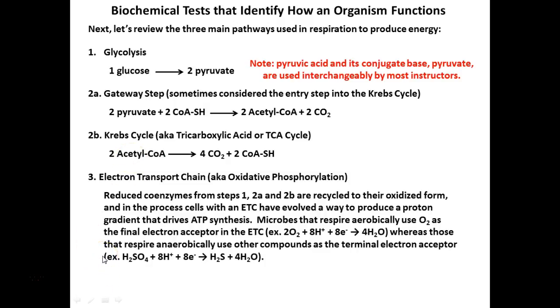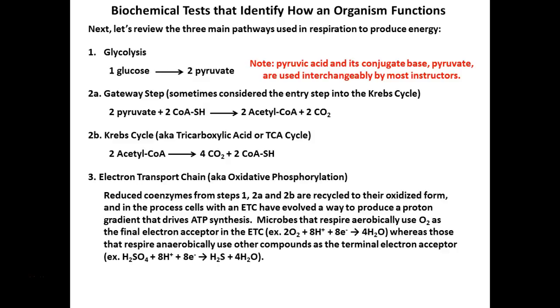In that process of breaking down the acetyl group into the carbon dioxide that we exhale, a bunch of electrons are released from breaking these bonds between these molecules. So electron carriers like NAD, and you may have heard of FADH, pick up those electrons. That's why they're called electron carriers, and sometimes protons along with them, or whole hydrogen atoms.